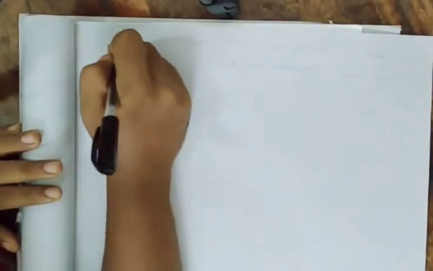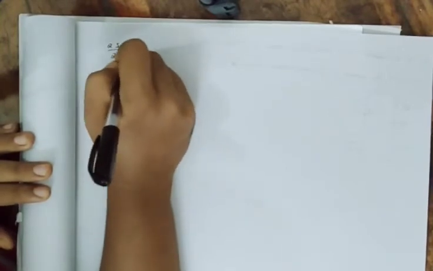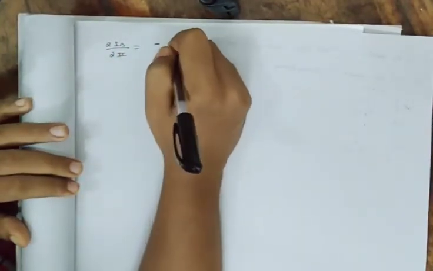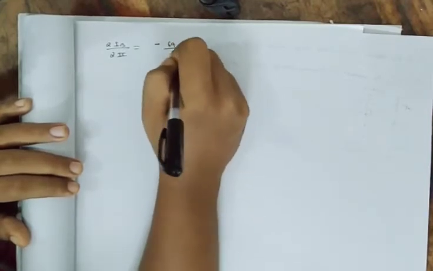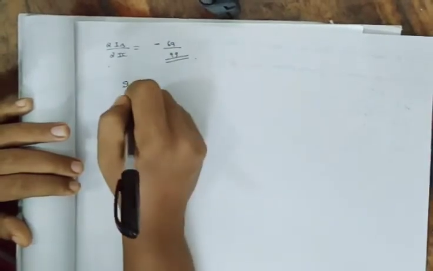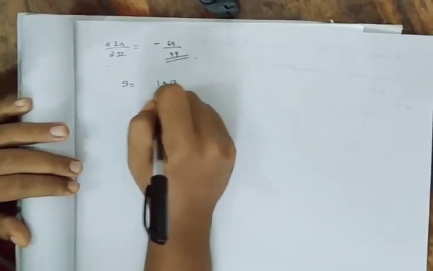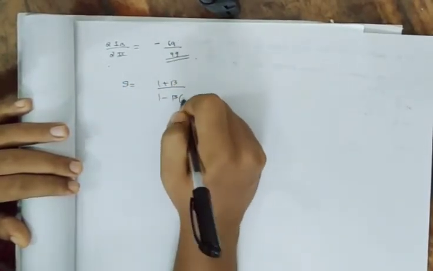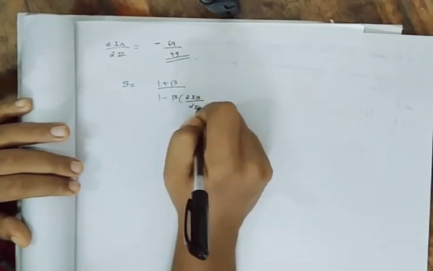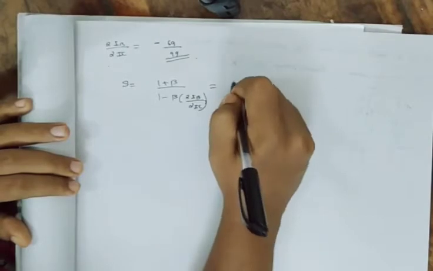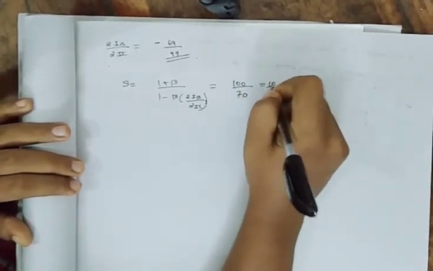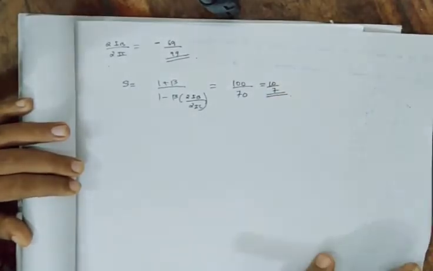We will get delta IB divided by delta IC equal to minus 69 divided by 99. And then S is equal to 1 plus beta divided by 1 minus beta into delta IB divided by delta IC, which is equal to 100 divided by 70, that is 10 divided by 7. So that is the answer.